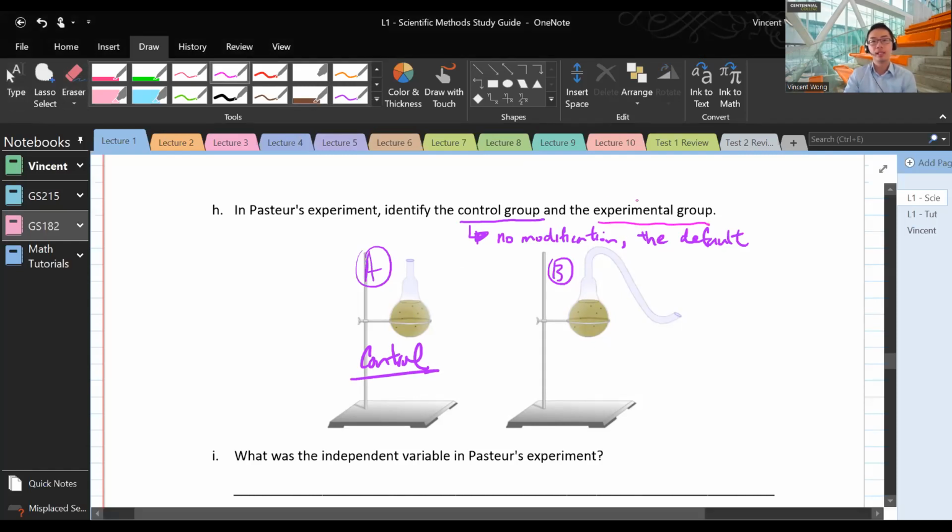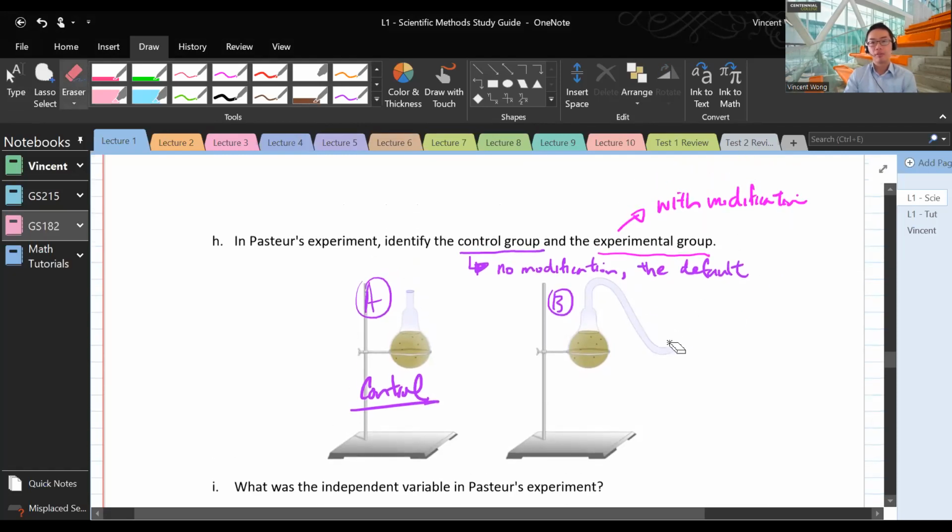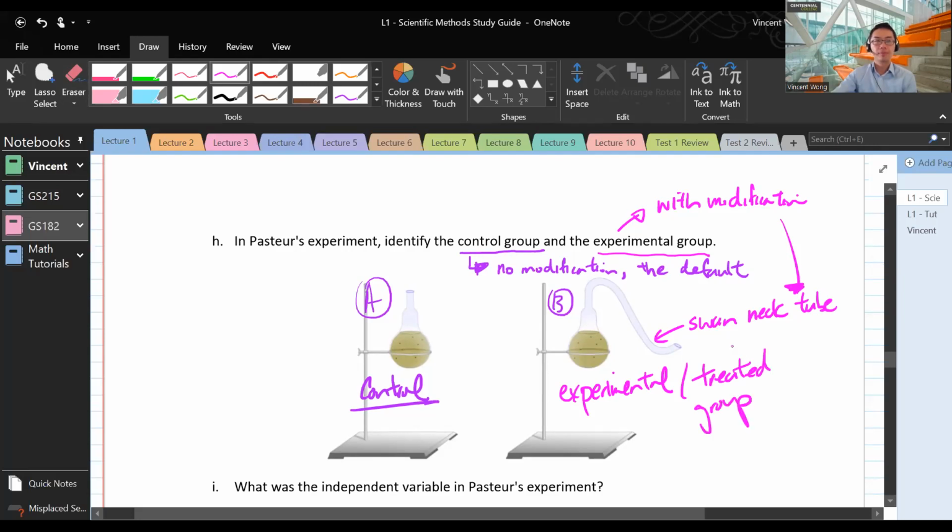This is the one that is going to have the modification, and the modification in this case is the swan neck tube. So this is the experimental group, the treated group.